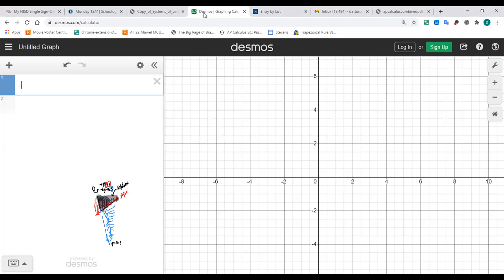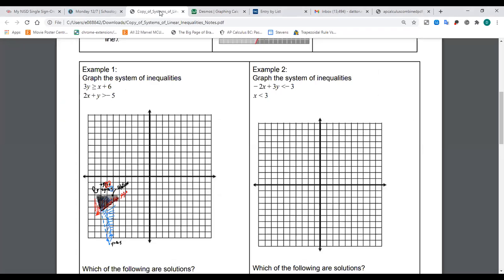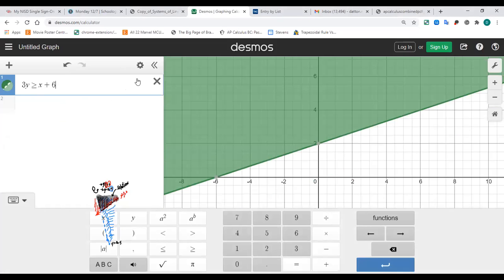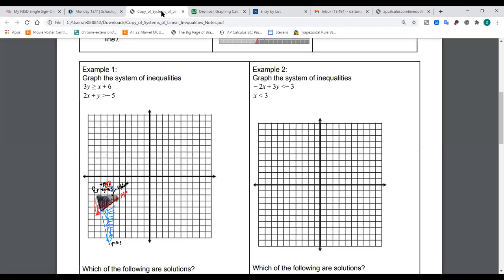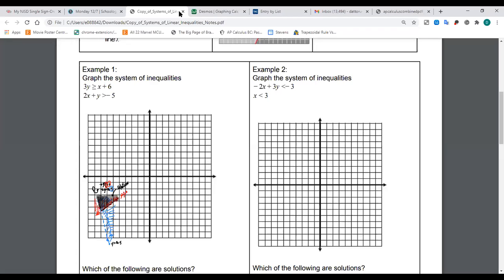And we're going to write down the equation the way it was written. 3y is, I believe, greater than or equal to x plus 6. And the other one is 2x plus y is greater than -5.